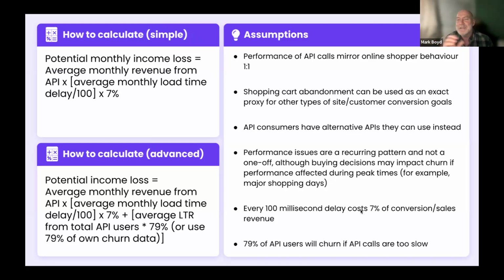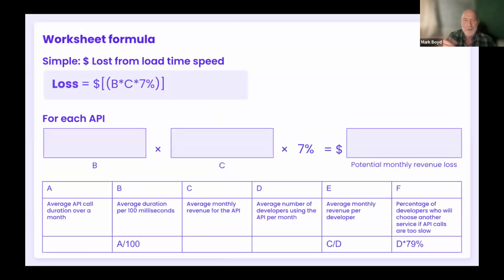I love that because it's not a flat absolute number like $1,000; it depends on your usual monthly sales volume. So if your normal sales volume is 10,000, then 7% of 10,000 times the number of 100 milliseconds is the delay.